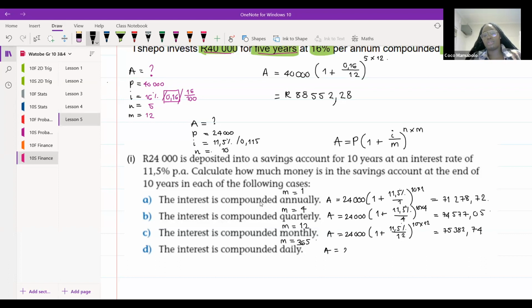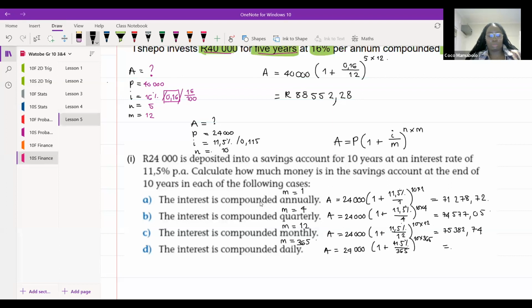A is equal to 24,000, open brackets, 1 plus 11.5% over 365, to the power of 10 times 365. Right.